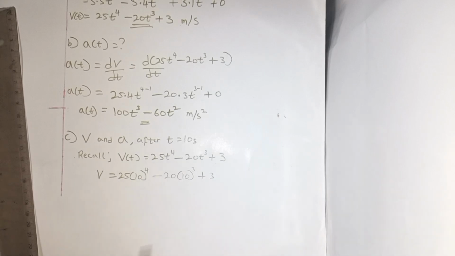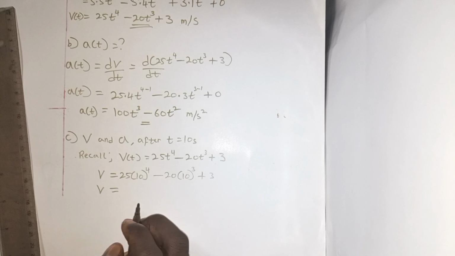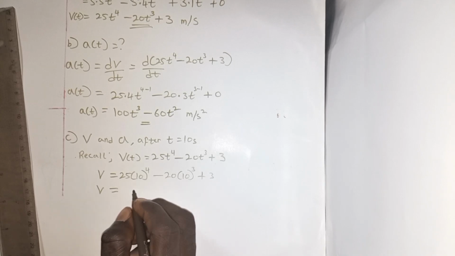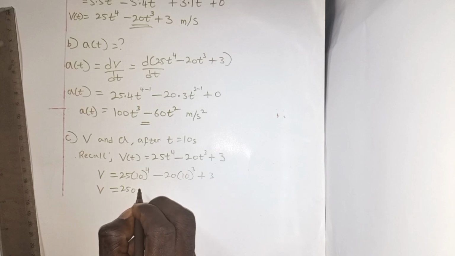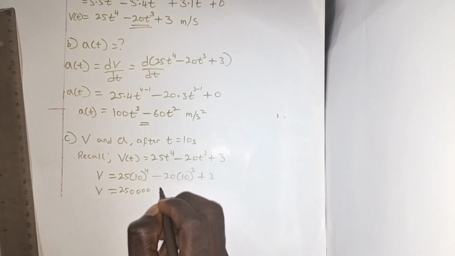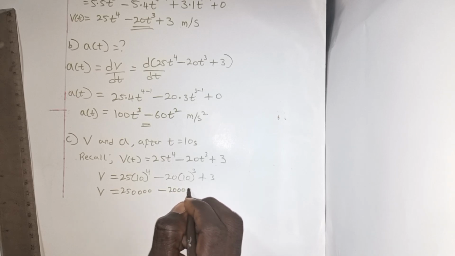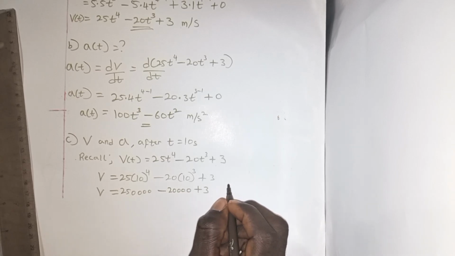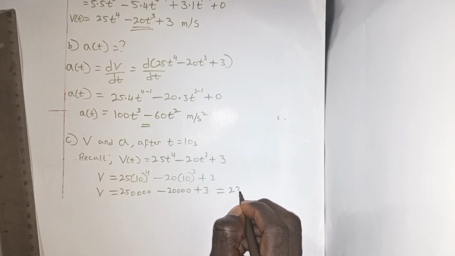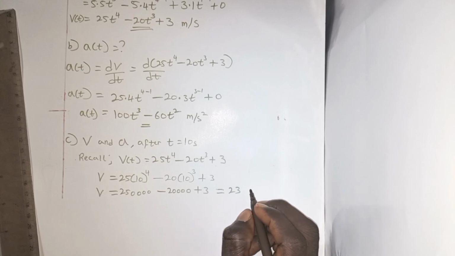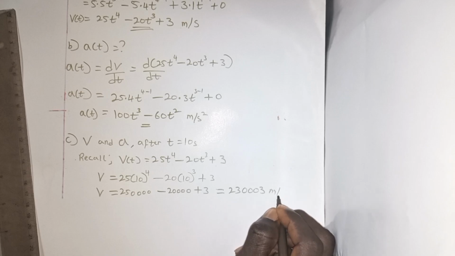Pressing our calculator, we have 250,000 minus 20,000 plus 3, which will give us 230,003 meter per second.